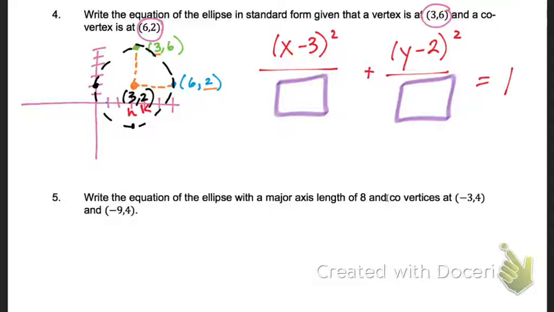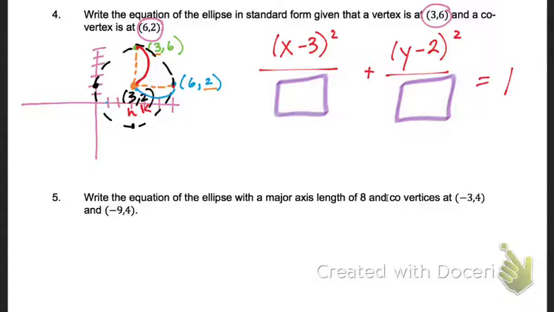And so what kind of ellipse is this? Vertical or horizontal? Vertical, because it says my vertex is here, my co-vertex is here. So the length of this vertical distance is longer than the length of the horizontal distance.